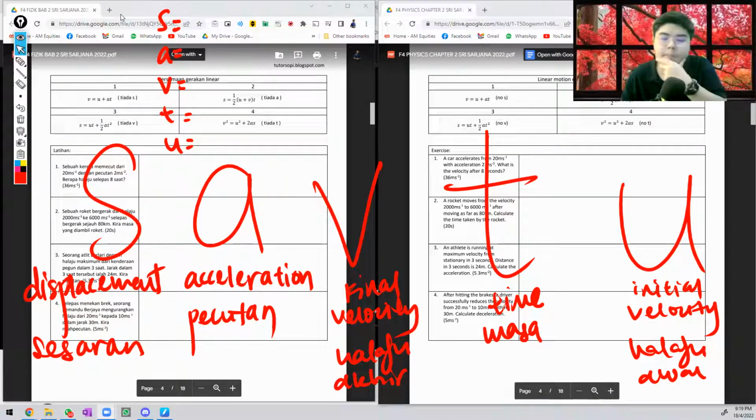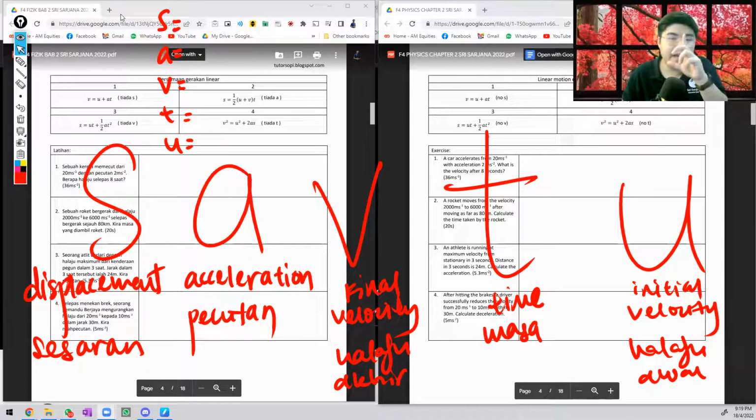Students, actually, all of these equations came from only one equation, V equals U plus AT. It came from one equation, but of course, SUVAT, there are 5 things. There are certain scenarios where we might not be able to get all 5 parameters. It may be sometimes that we cannot get all 5.